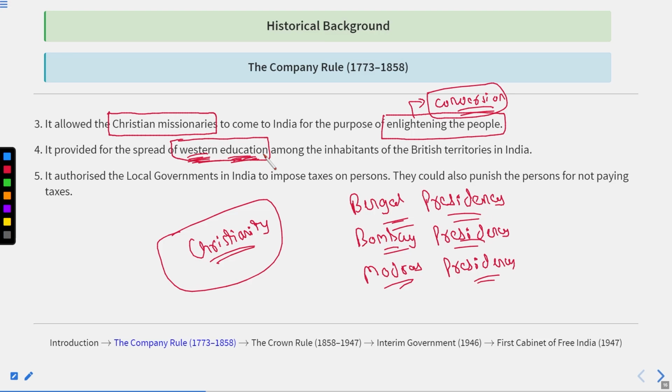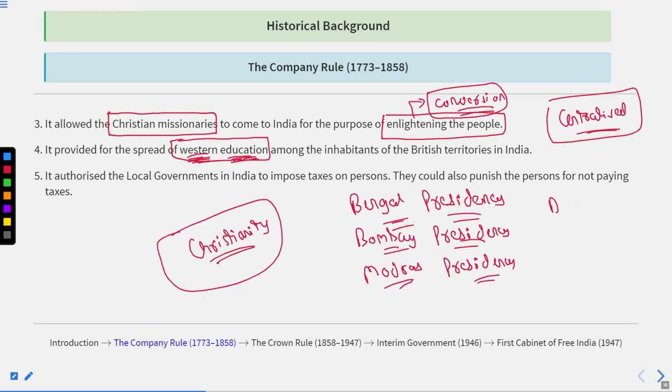It authorized the local governments in India to impose taxes on persons. They could also punish persons for not paying taxes. It means that in the first act, the Regulating Act, they centralized the powers, right?